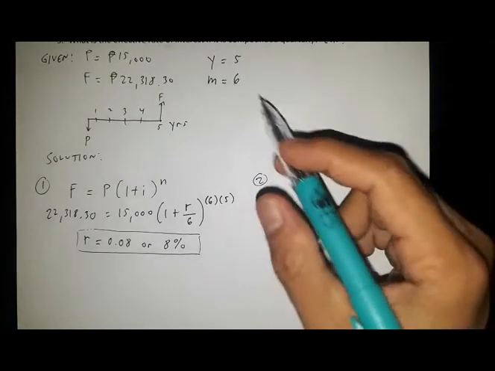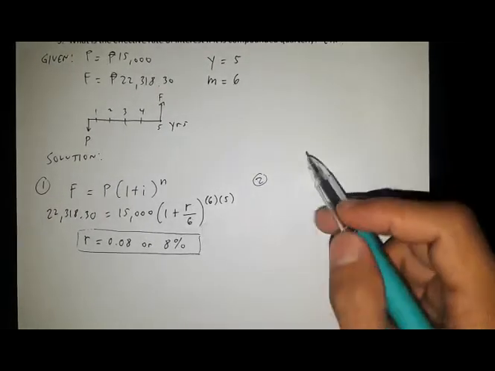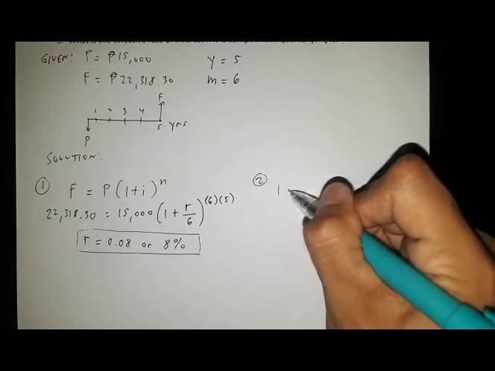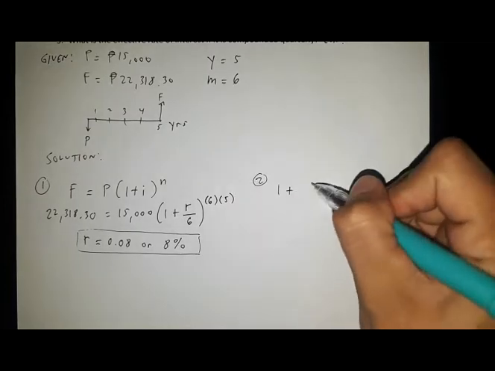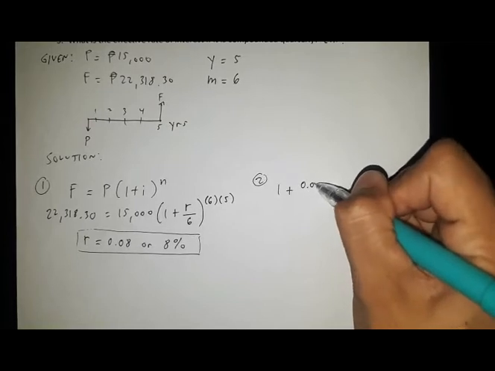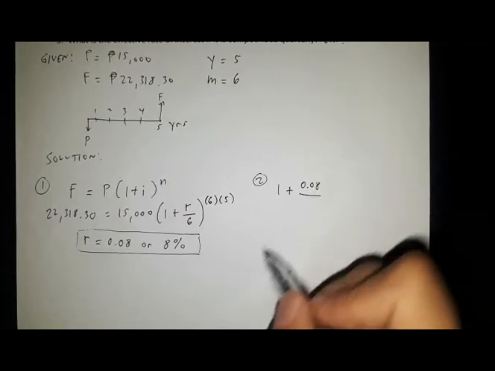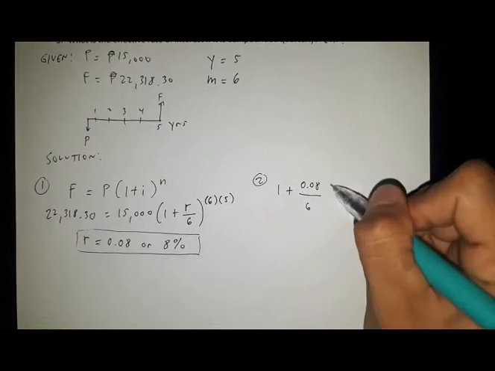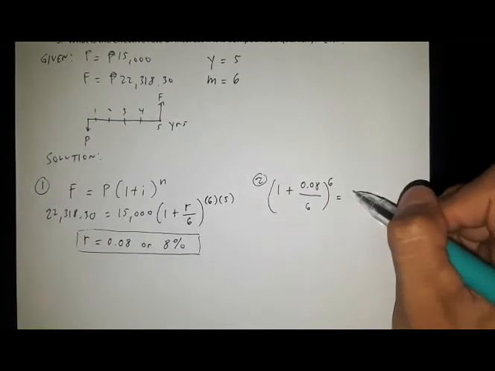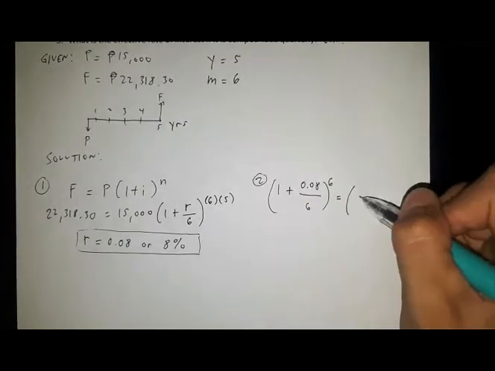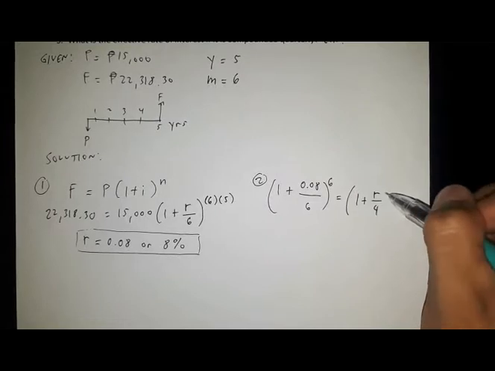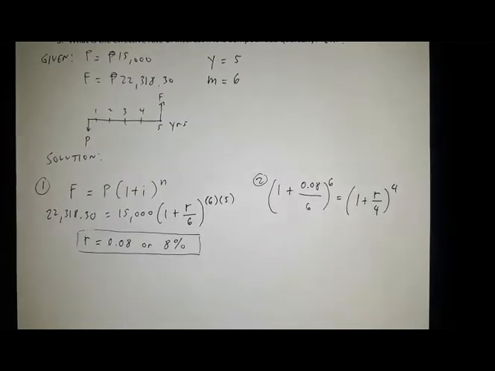So for monthly, we have 1 plus the nominal rate of 8% over 6 raised to 6 equals, for quarterly, 1 plus R over 4 raised to 4.